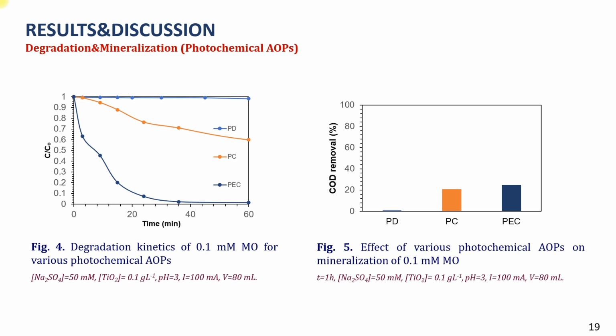When we used photocatalytic degradation, nearly 35% of the methyl orange is degraded within a 1 hour process, whereas we have completely degraded the methyl orange with the photoelectrocatalytic process within 35 minutes. Among their mineralization efficiencies, photocatalytic and photoelectrocatalytic processes yield nearly similar mineralization efficiencies.